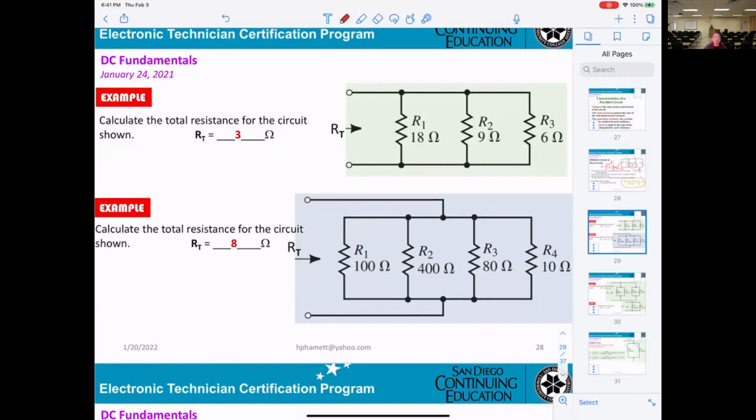To do it, R total equals 1 over R1 plus 1 over R2 plus 1 over R3. Okay, so try to work it out.